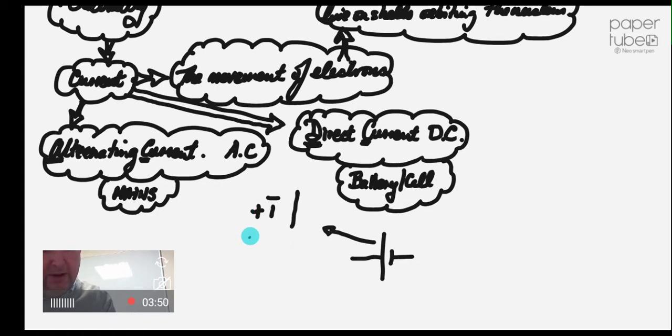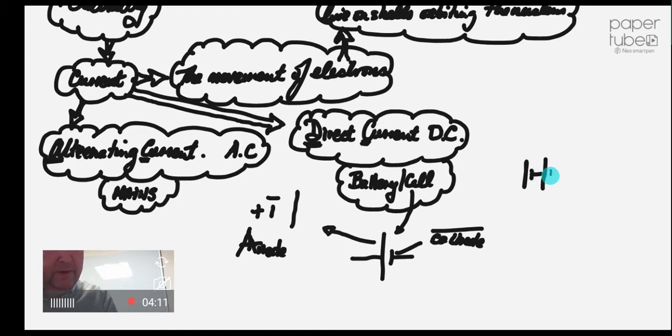And the positive, look at the way I incorporate this, is the anode, and the small one is the cathode, CAT. So that's a cell, and a battery is more than one cell, so it's something like that. That's a battery, more than one cell.